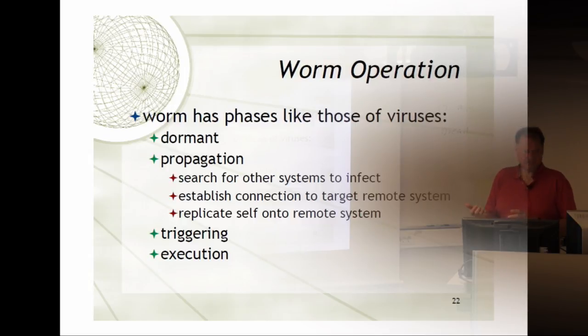So a worm is dependent on different types of protocols and services that are network services that it can connect to and send over information to and then be activated. So that's the propagation phase. And then similarly, it has a triggering phase. Once it has a hold on a new system, it can trigger to do something, and then that will be the execution phase with the payload, whatever that is.